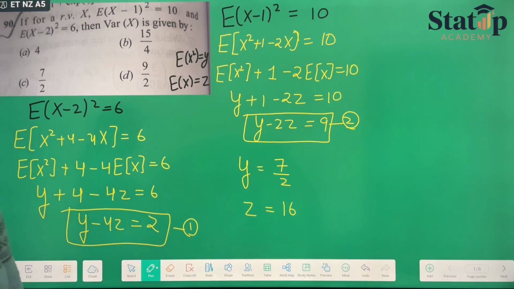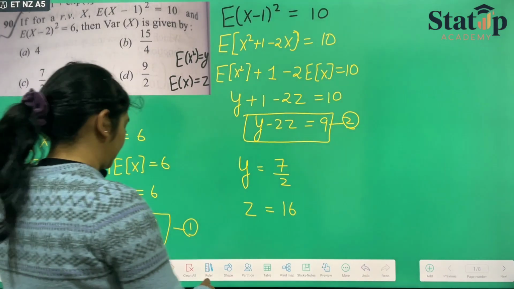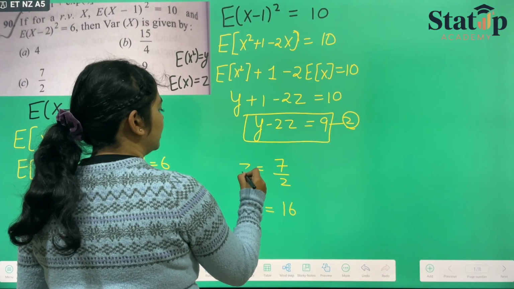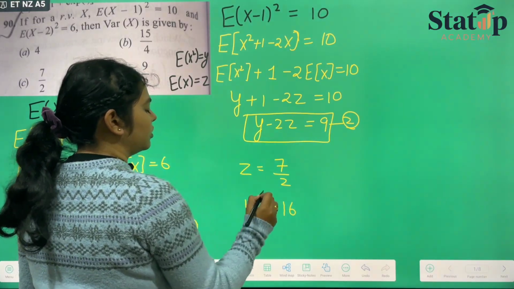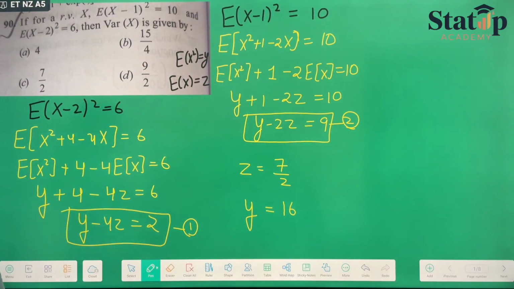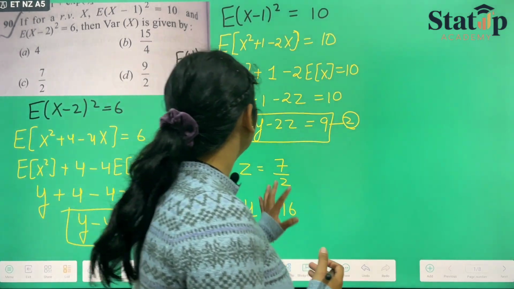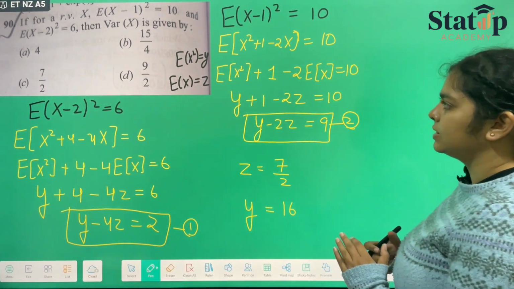Yes, these are interchanged. z comes out to be 7 upon 2 and y comes out to be 16. You can check it. I'm just writing the direct answer so as not to waste our time. So this is how y and z are coming.